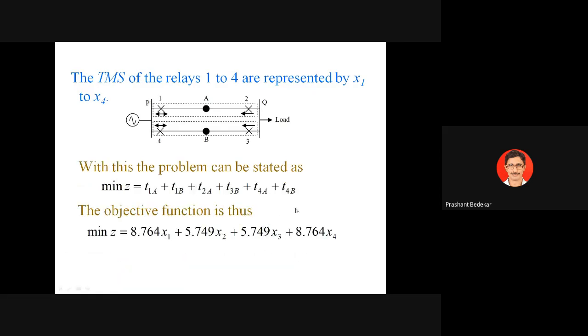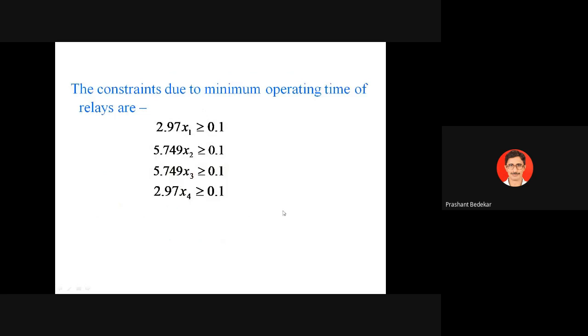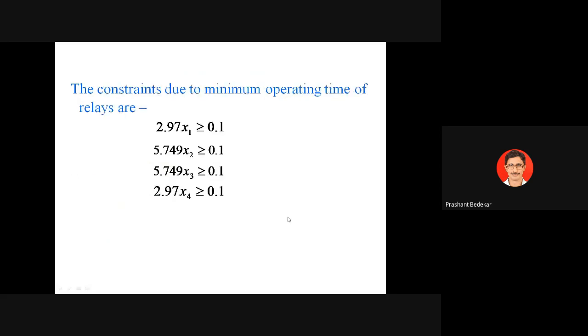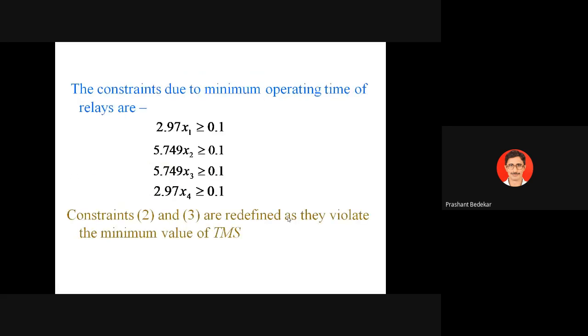After calculating the A and B constants, the problem can be formulated as this. This is the objective function. These are the constraints. And then, see, here you can see how one becomes redundant.